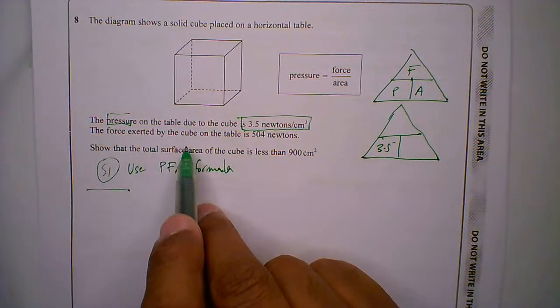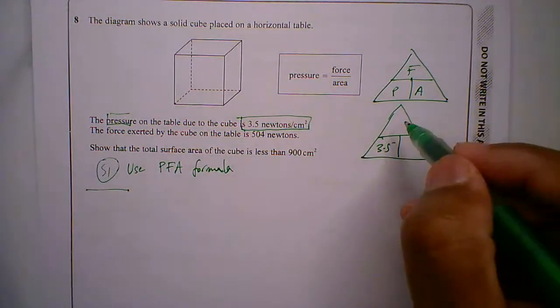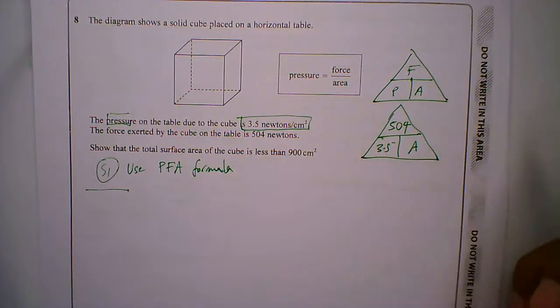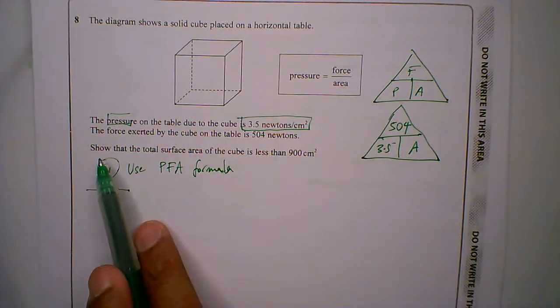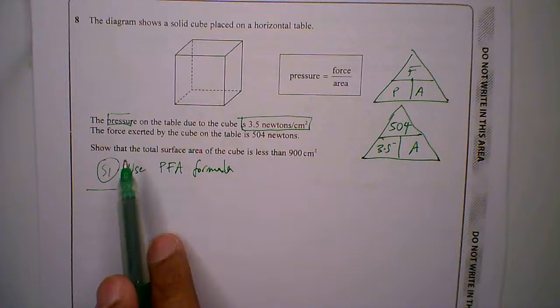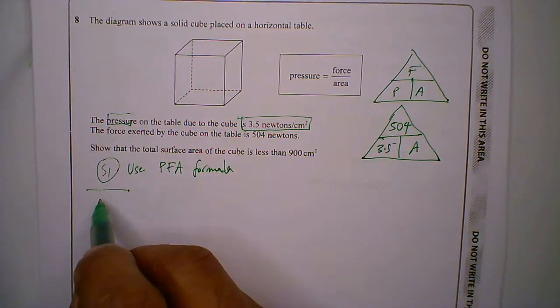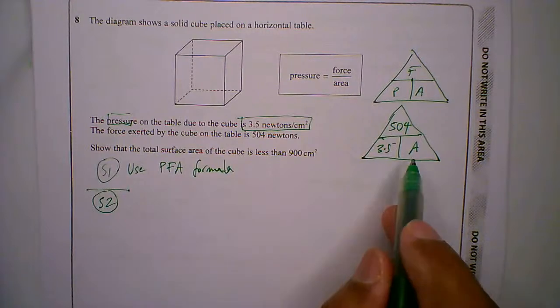The force exerted by the cube on the table is 504. So we have got area missing, so we will obviously work out area. So show that the total surface area of the cube is less than that. So step 2 is using that, we'll find the area.